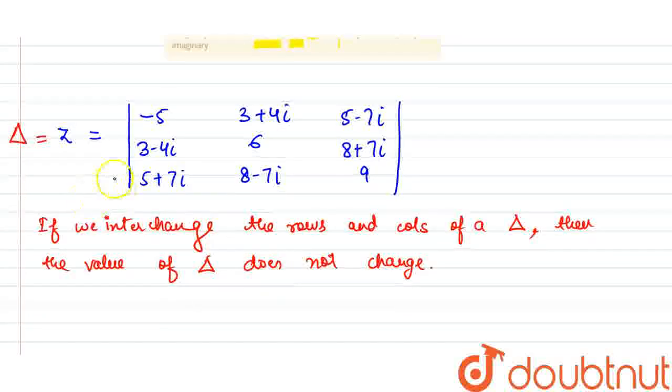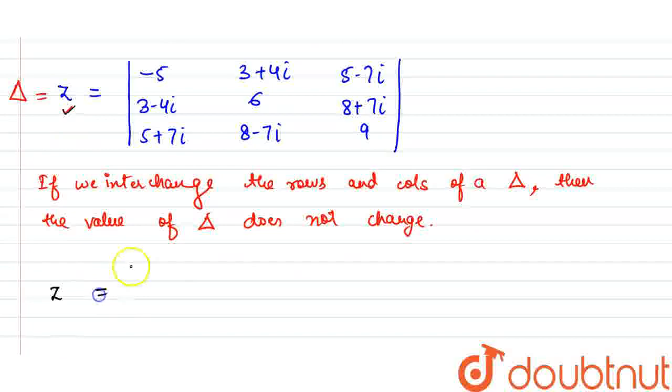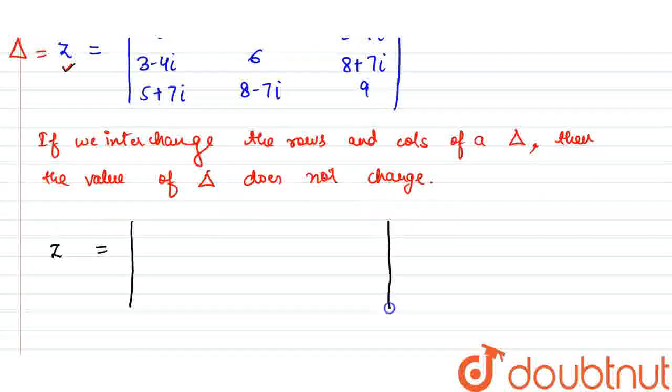That means if we interchange the rows and columns of this Z determinant, then it will simply remain Z again. So we can use this property, and let us now interchange the rows and columns.